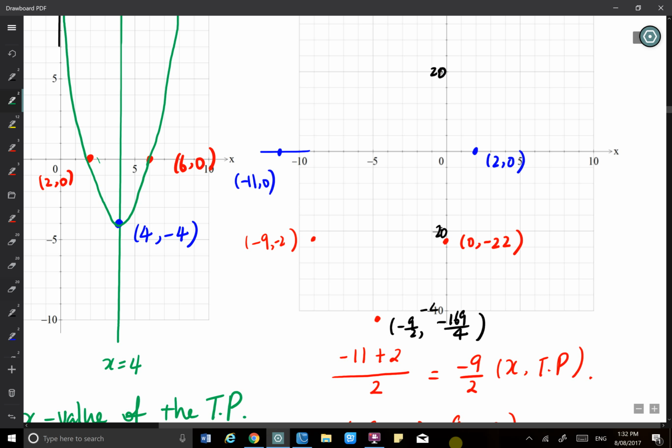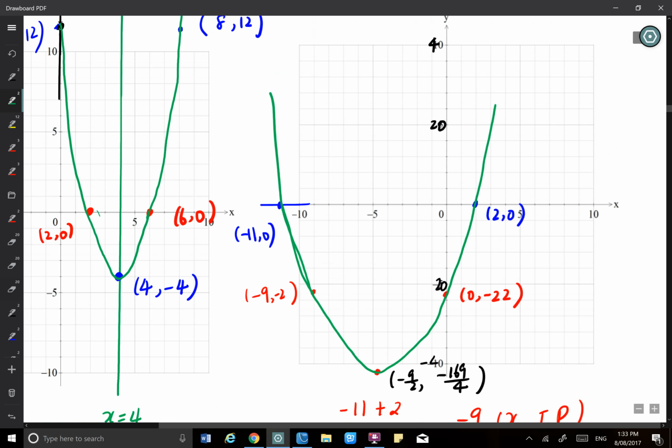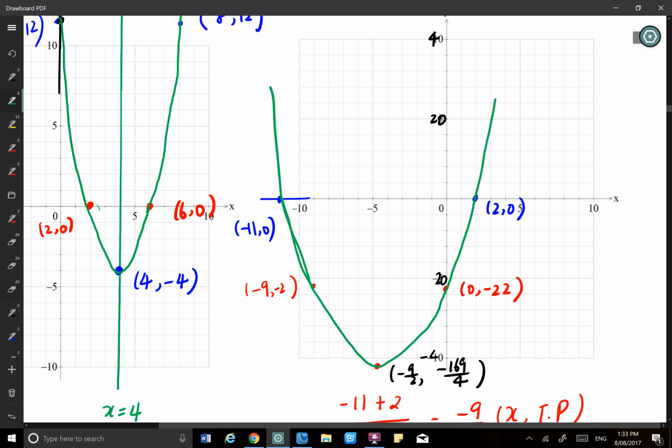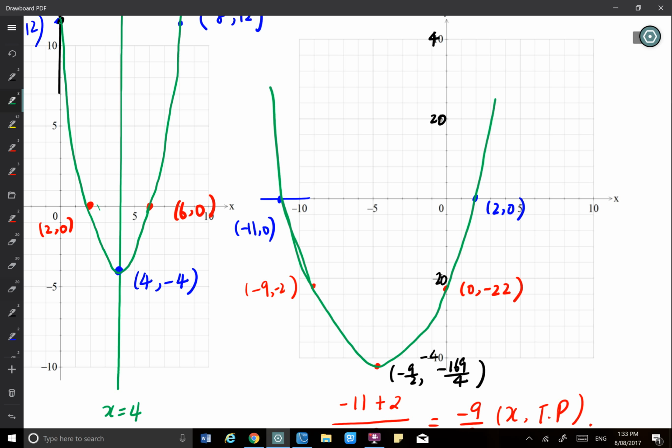And now you want to sketch the graph. Okay, that is the shape of the graph. Again, 2 x-intercepts, 1 y-intercept, 1 turning point. You must label that.